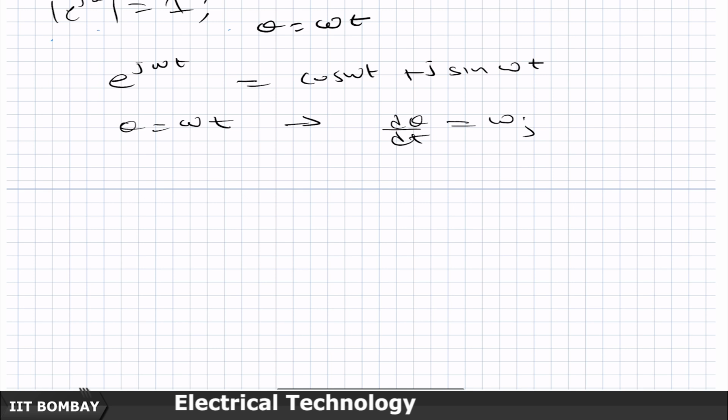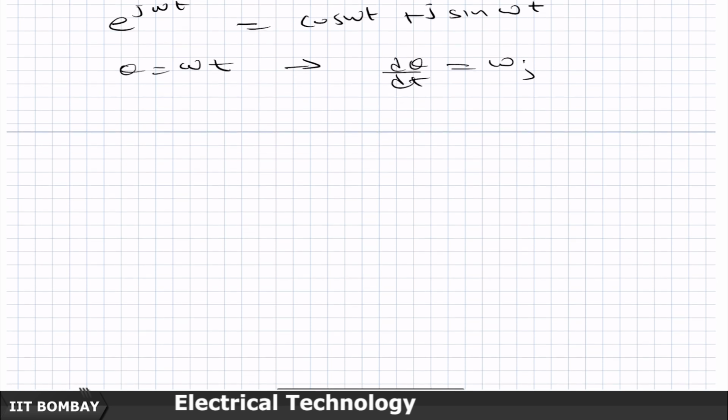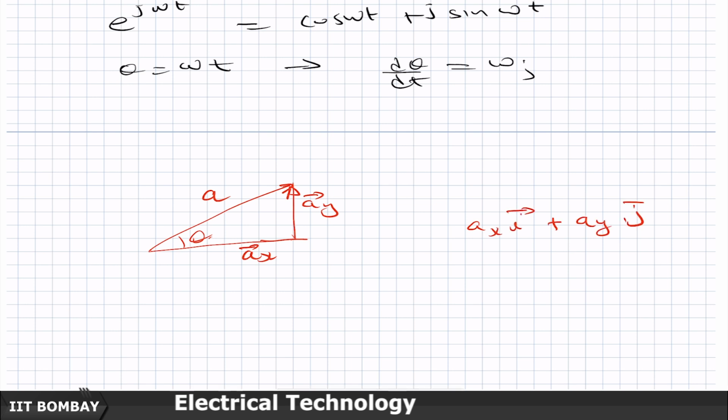So, we have now connected a vector. Suppose this is a vector. It makes an angle of theta, its projection along the x axis is ax, and its projection on the y axis is ay. Usually, using coordinate geometry notations, you will write it as ax times i plus ay times j.